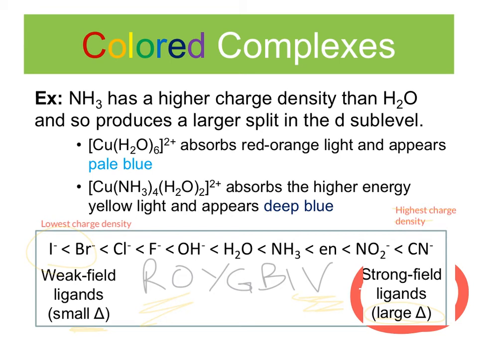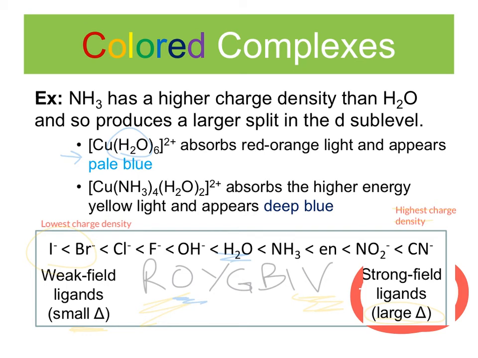Let's look at this specific example of copper with the coordination number of 6. The first example has all of the ligands as H2O, somewhere in the middle of this series. So that's going to absorb more of a red-orange. It's on the lower end of the spectrum.